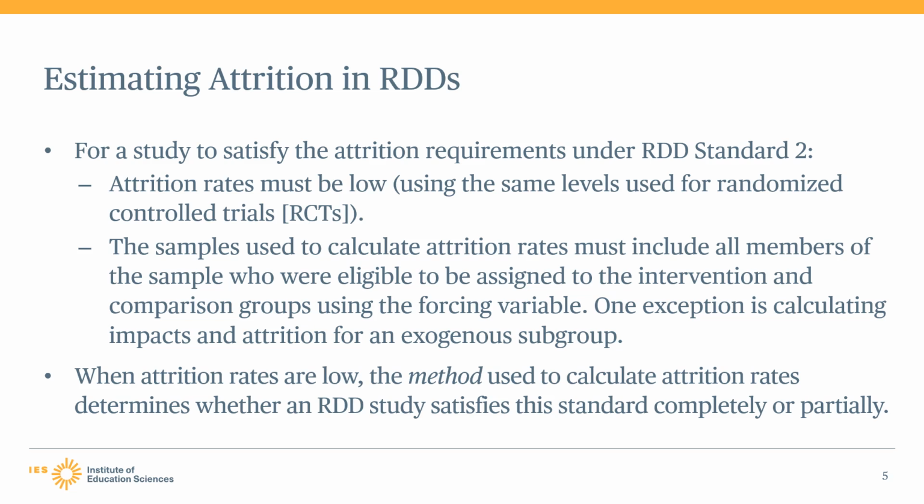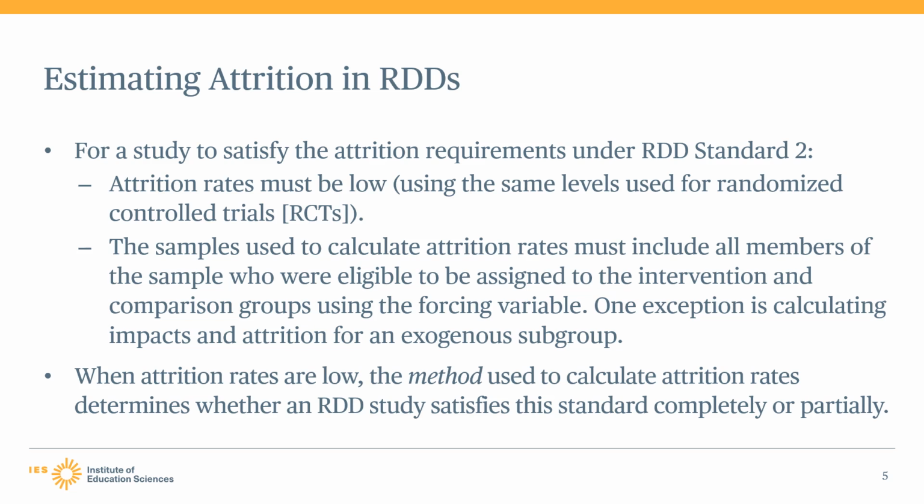An RDD study that examines the impact of the pre-kindergarten program using age as the forcing variable could only demonstrate acceptable levels of attrition if it can identify the full set of students who were present in the geographical region at the specified time and were eligible to be assigned to the intervention or comparison group.